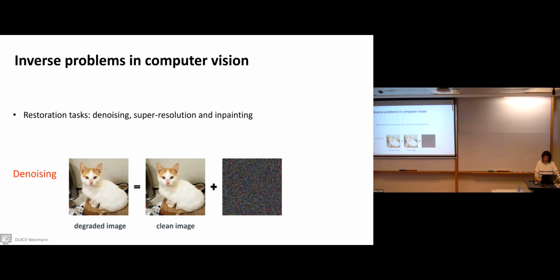For example, let's take the denoising problem. What you get is a degraded image, which is composed of the clean image and noise. You don't know the noise, and the idea is to move from the noisy image to the clean image.